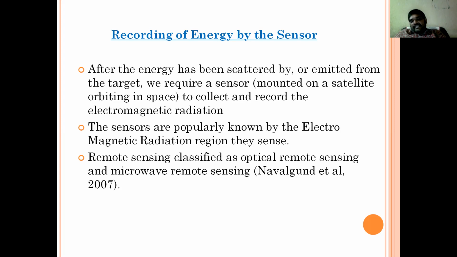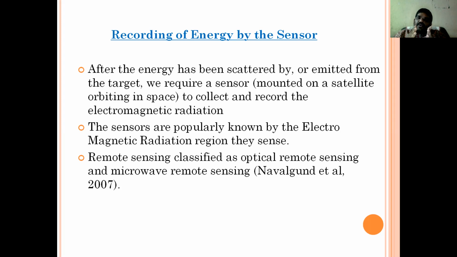See here, once the energy is recorded by sensors, again one more concept will start. If the recorded energy is stored in so and so wavelengths, we name it optical remote sensing.